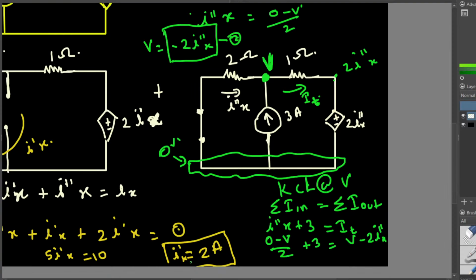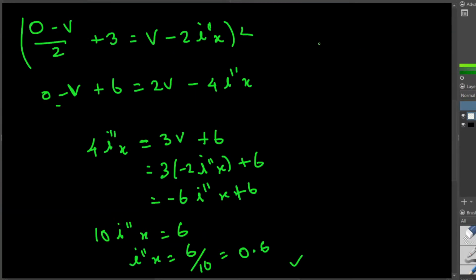So here we have I prime x, that is 2 ampere. I double prime x is 0.6 ampere. So I x is going to be I prime x plus I double prime x.